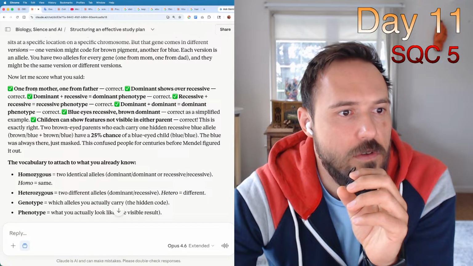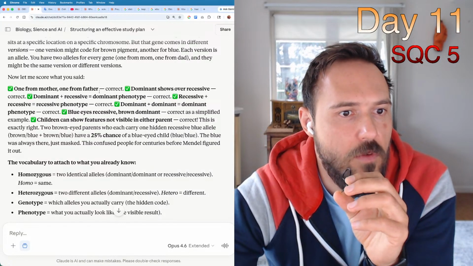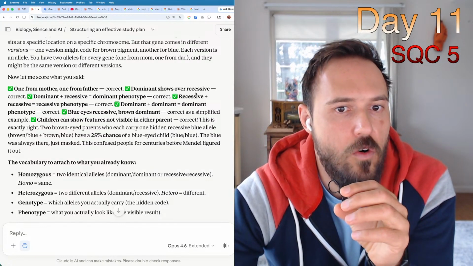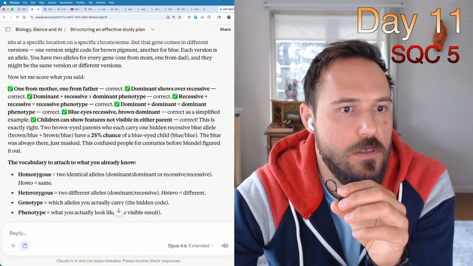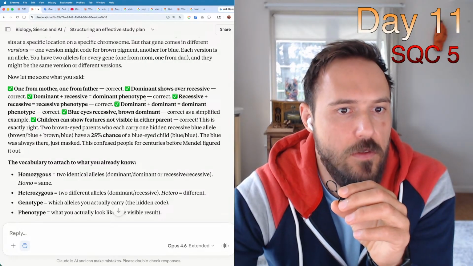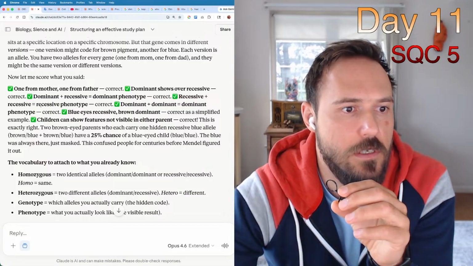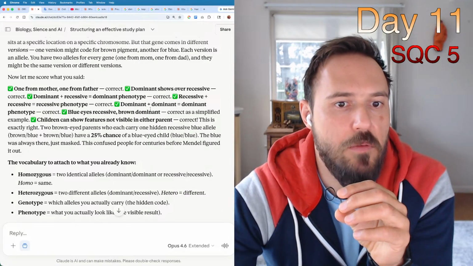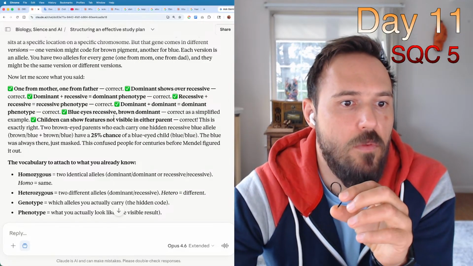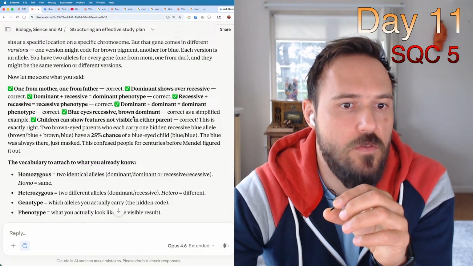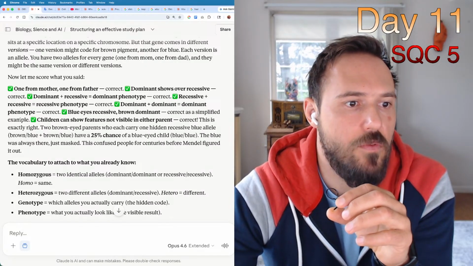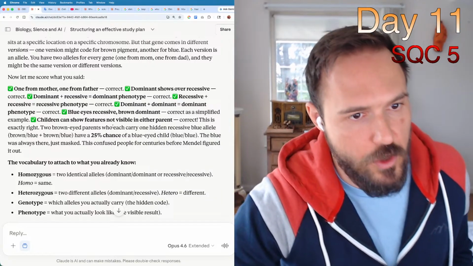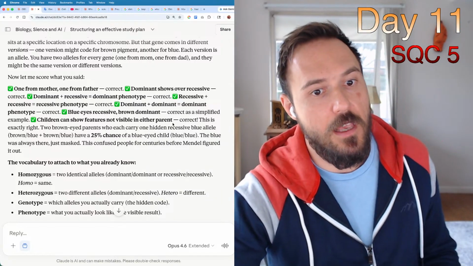Now let me score what you said. One from mother, one from father. Correct. Dominant shows over recessive. Correct. Dominant plus recessive, dominant phenotype. Correct. Recessive plus recessive, recessive phenotype. Correct. Dominant plus dominant, dominant phenotype. Correct. Blue eyes recessive, brown dominant. Correct. As a simplified example, children can show features not visible in either parent.